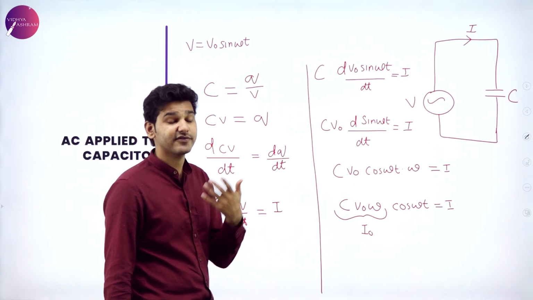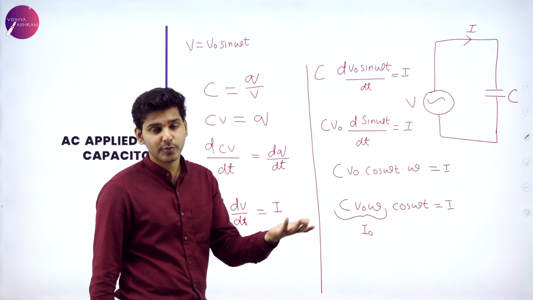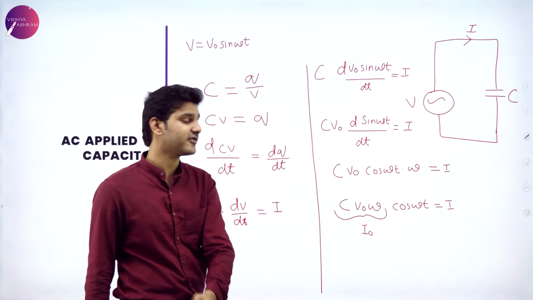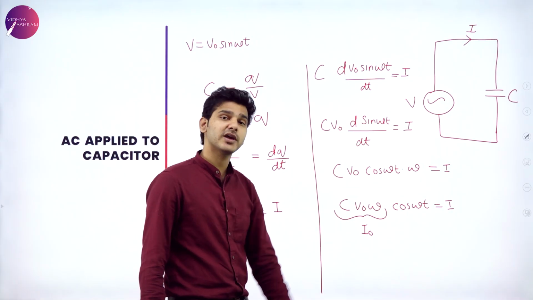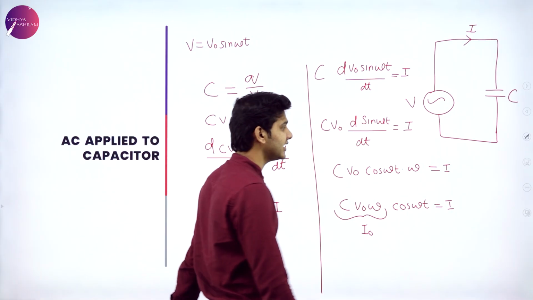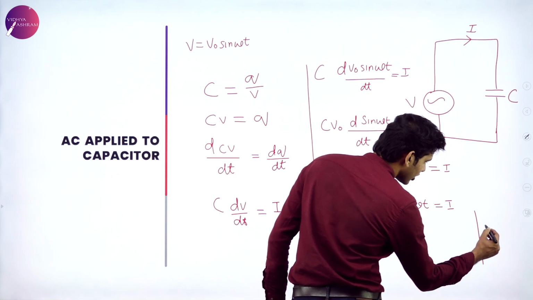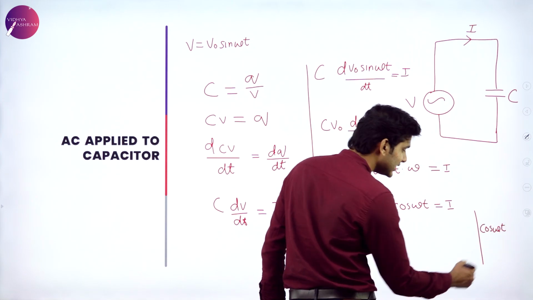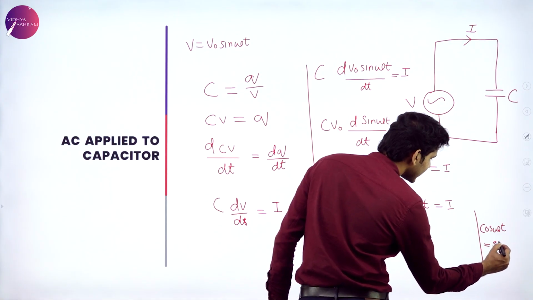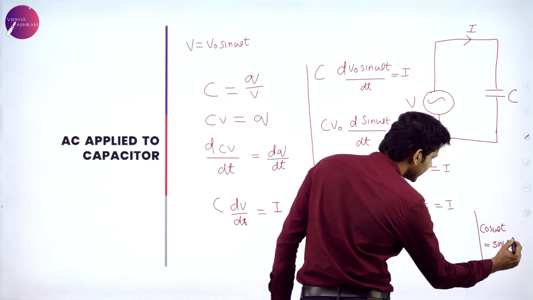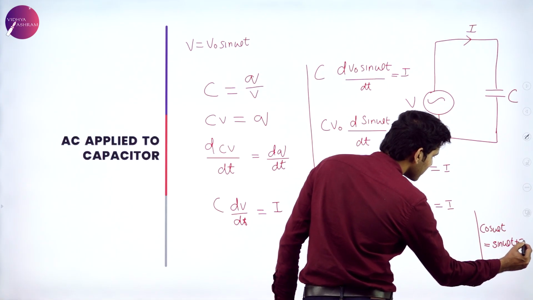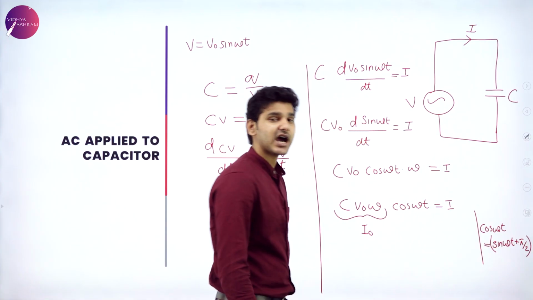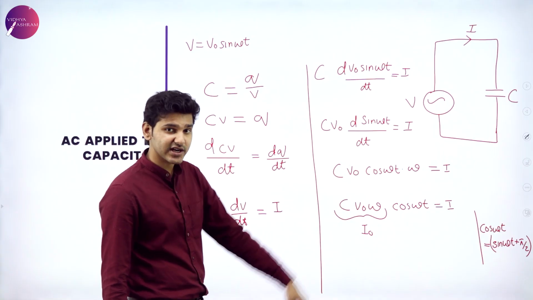The phasor diagrams and the normal graphs we saw were all represented as sinusoidal waves. So I apply the trigonometric identity that cos omega t is equal to sine of omega t plus pi by 2.